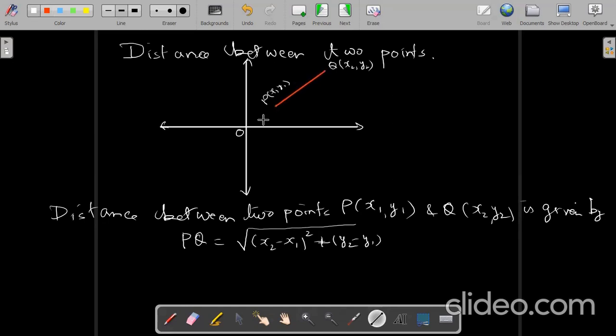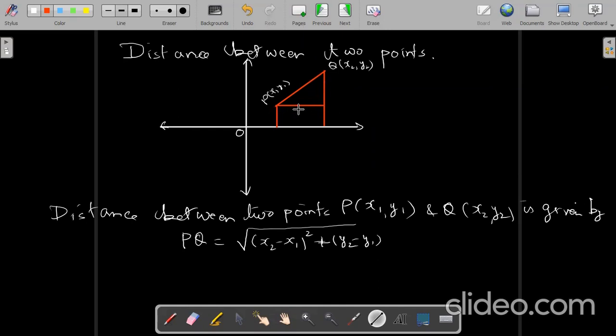So as you know, if you make this triangle a right angle triangle, you will drop a perpendicular here and here another perpendicular, and this is the right angle triangle. Correct.